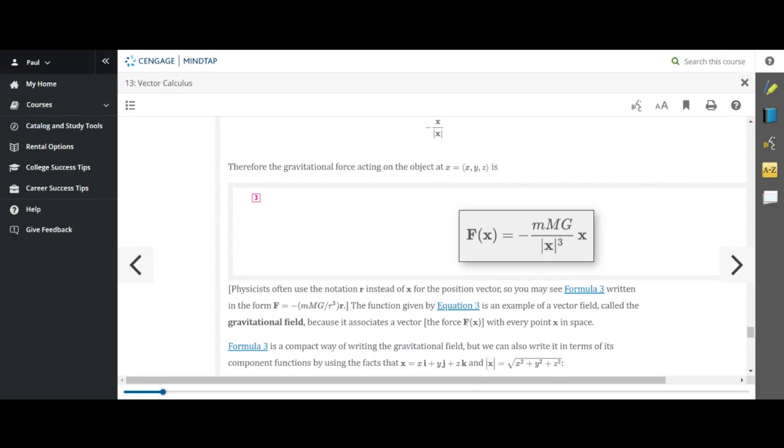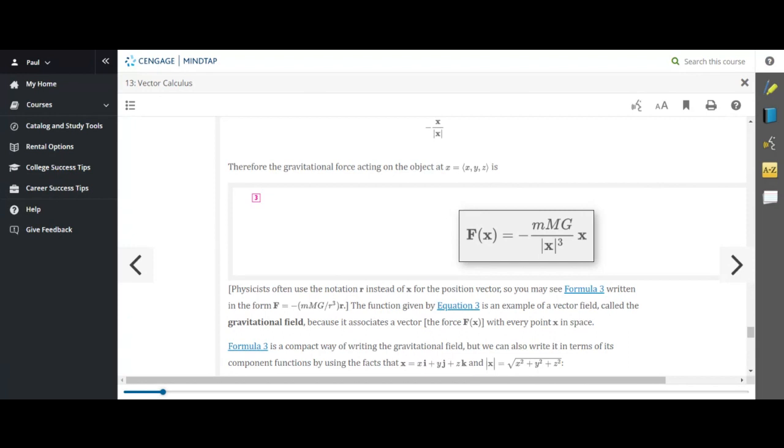Excellent. What's the big G stand for? Gravitational constant. Good, excellent, Charles, excellent, Ian, excellent, Malik, and thank you for also the comments on the last question I asked. So this is the formula for the gravitational vector field.